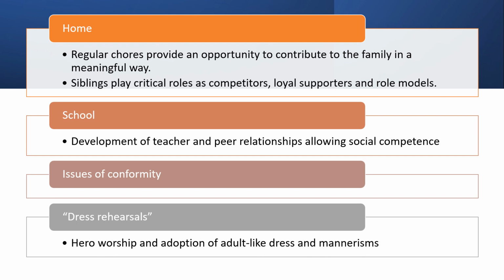And then they also have dress rehearsals. Here, hero worship and adoption of adult-like dress and mannerisms. They now started to wear clothes like, for example, Superman. And the little girls now tend to play bahay-bahayan and many more. So that is dress rehearsals.